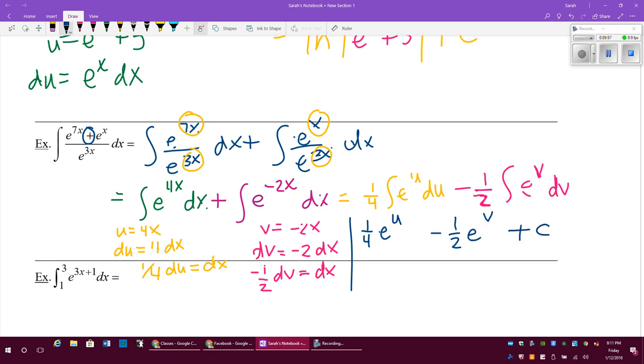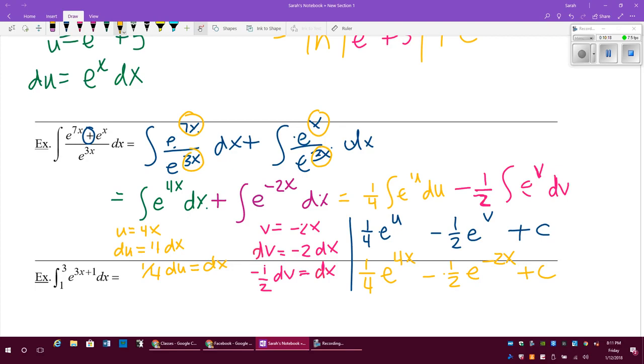You only need 1 plus c in this whole big thing because it's not a definite integral. And then we're going to go and substitute back in what we originally had for a final answer of 1/4 e to the 4x minus 1/2 e to the negative 2x plus c.